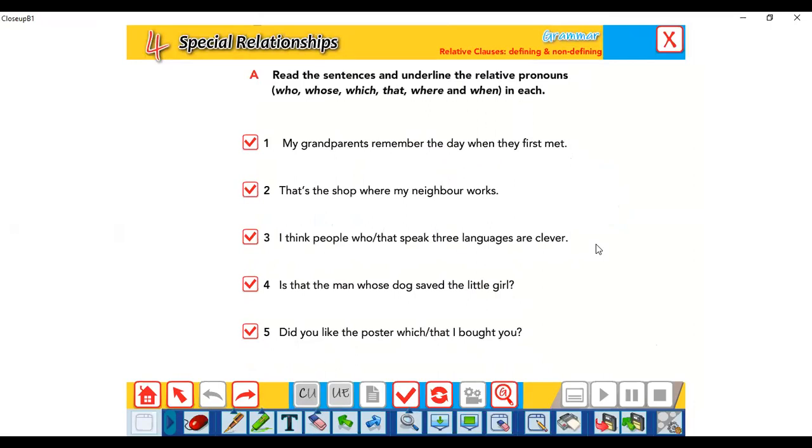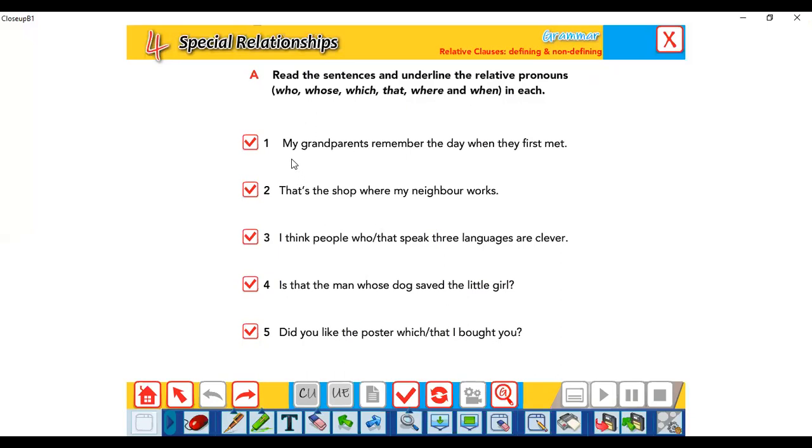We have this exercise. Read the sentences and underline the relative pronouns who, whose, which, that, where, and when. We're going just to underline the relative pronouns. If you don't have the book, look at the screen on your computers.